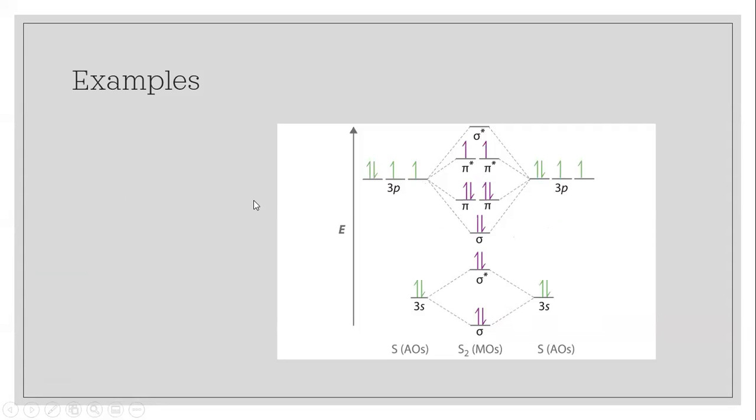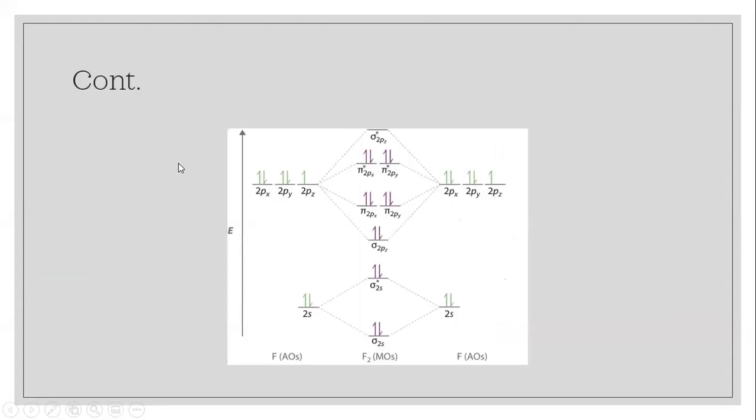So let me go ahead and move on to another example. So this one might seem a little more difficult, but that's just because they went into a little more depth explaining what the atomic orbitals are and how it forms. But the principle's the same. So here's your bonding, bonding, bonding, anti-bonding, anti-bonding.